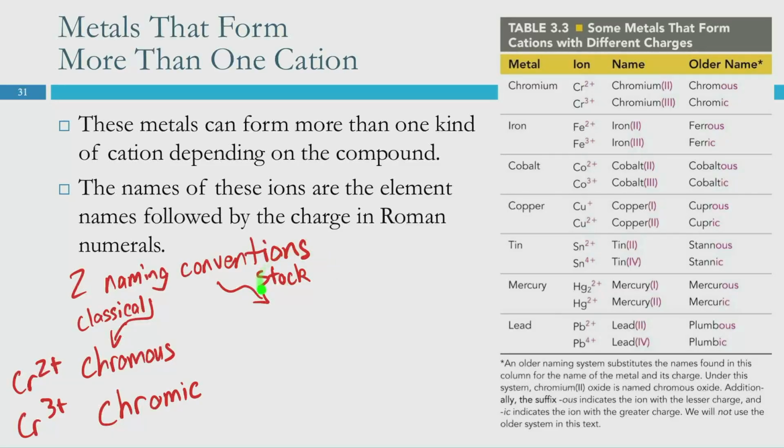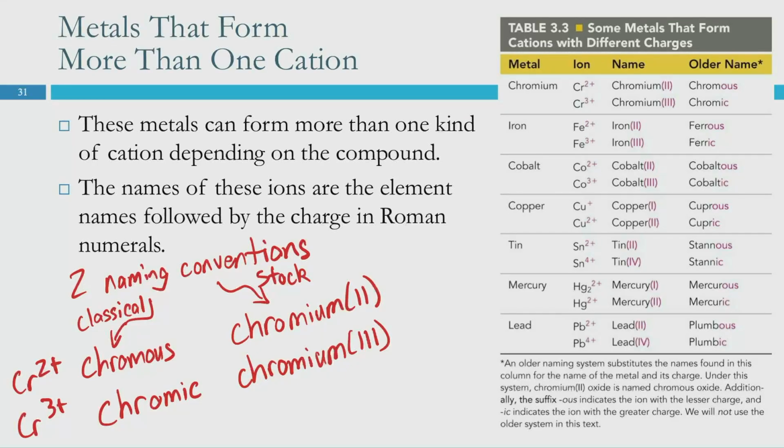And in stock notation, or the current more popular naming notation, especially in chemistry, these are chromium-2. So chromium and then parentheses Roman numerals for 2, which is II. And then we've also got chromium-3, which I know you can't believe it, chromium III. So that's the newer nomenclature.